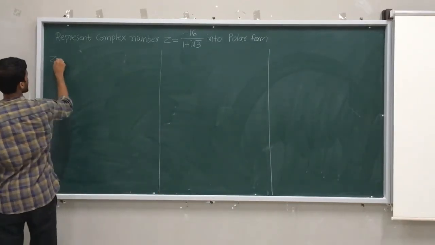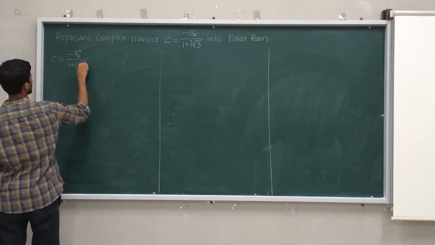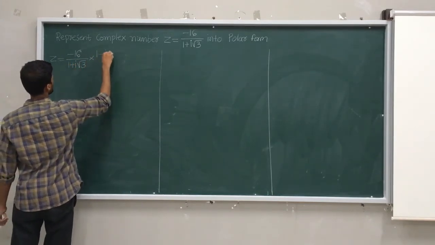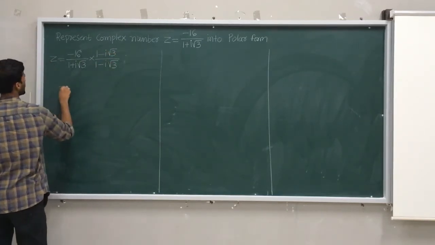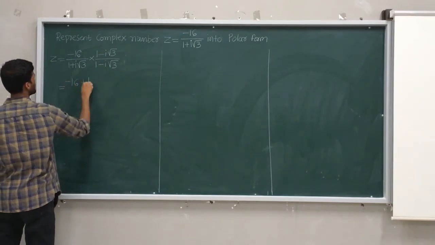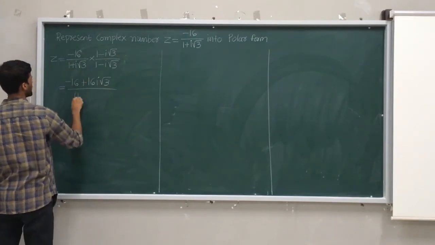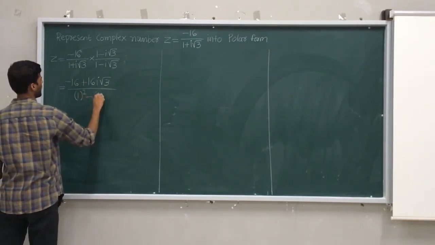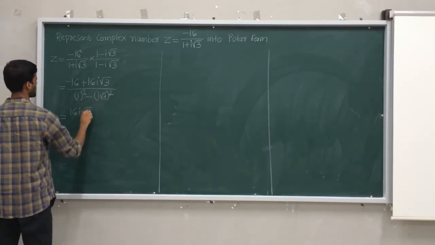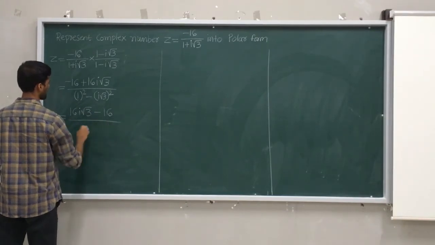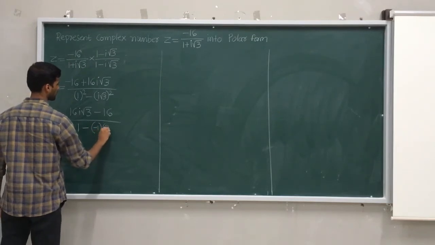So what is given here? They have given minus 16 upon 1 plus i root 3, which is not in a standard form. I'll multiply it by 1 minus i root 3 divided by 1 minus i root 3. When you simplify, it is minus 16 plus 16 i root 3 divided by a plus b into a minus b, that is a square minus b square, that is 1 minus i square root 3 square. i square is minus 1, root 3 square is 3.